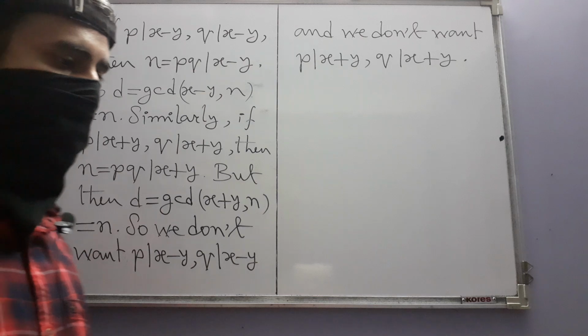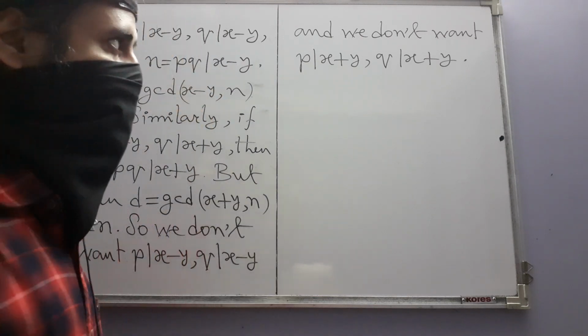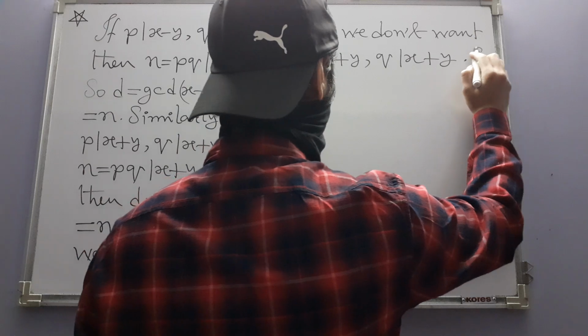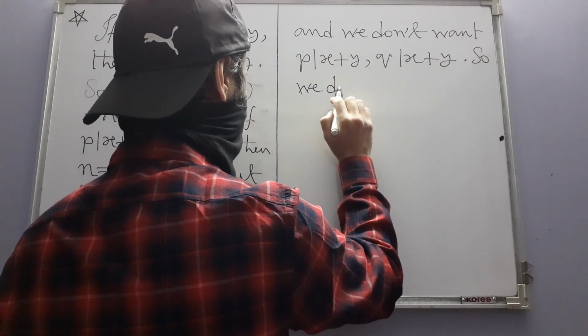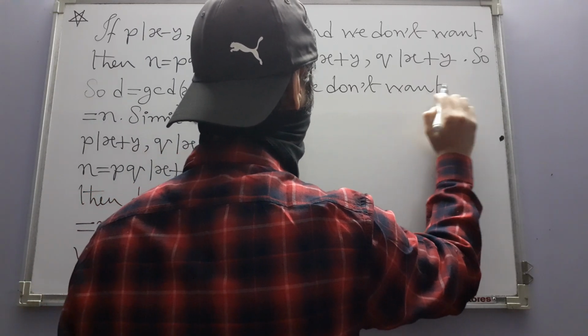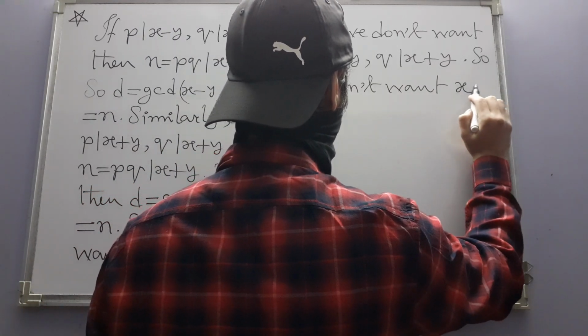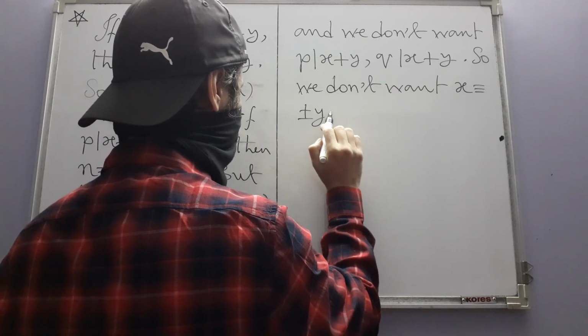And in the language of congruence, that means x is congruent to minus y mod n. So we don't want x to be congruent to plus y or minus y mod n.